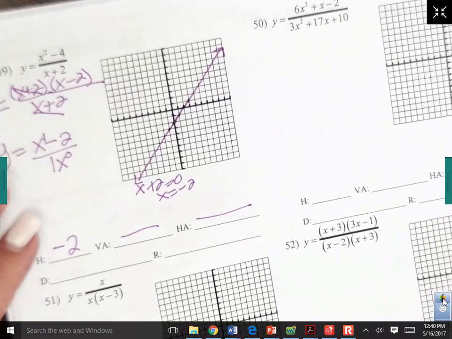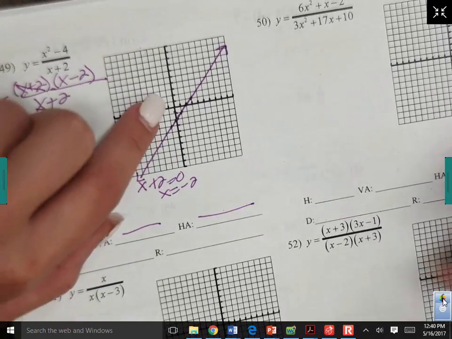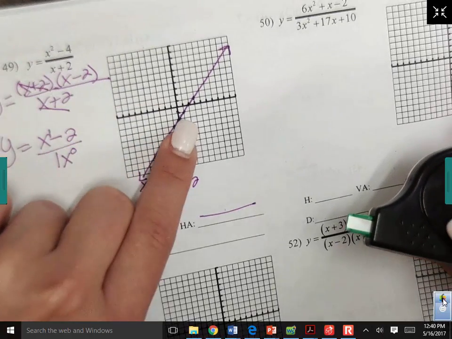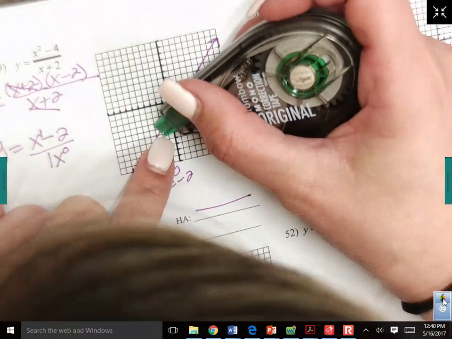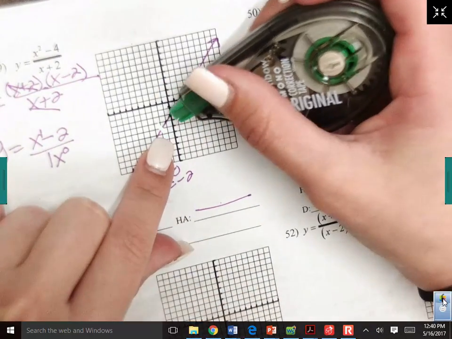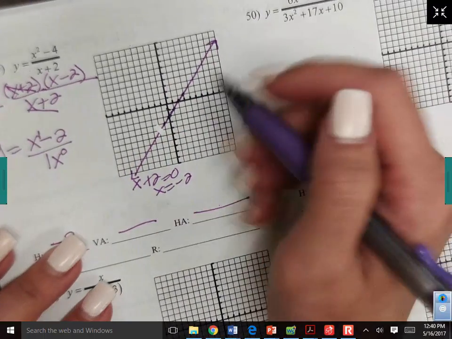Okay? Now, what am I forgetting? A hole. Our hole is at negative 2. So we follow our graph and we say, okay, x is 0, x is negative 1, x is negative 2. This right here is where our hole is. And I'm going to draw a hole there.